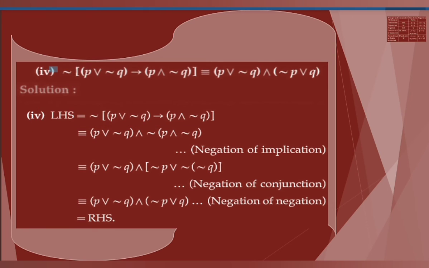Let's take the LHS, write it down here and apply negation of implication. Negation of implication means this bracket is P and this bracket is Q, so P implies Q. We know that negation of implication is P and negation Q.